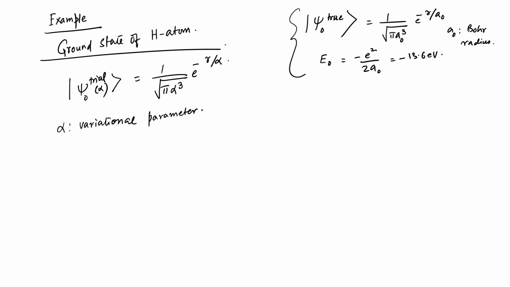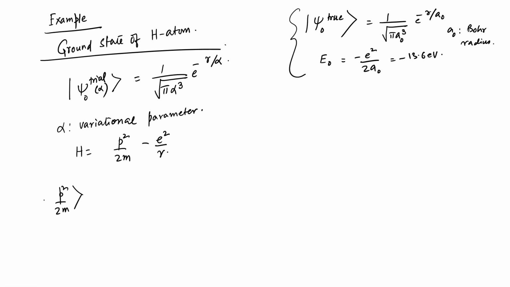So, we should get the same energy values, but this is for demonstration purposes only, to show how the variational method works. We have the Hamiltonian equal to p square over 2m minus e square over r. And so, if we have this, then we can calculate the expectation value.